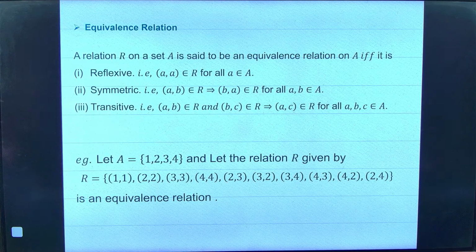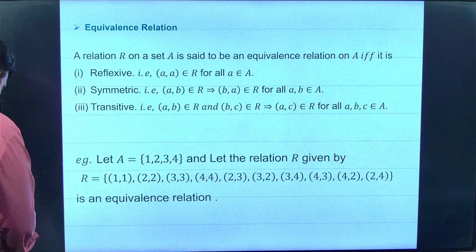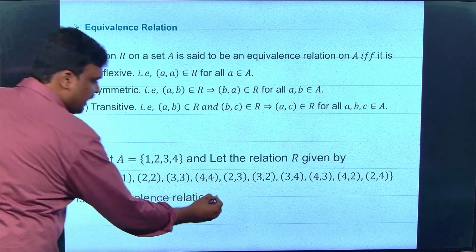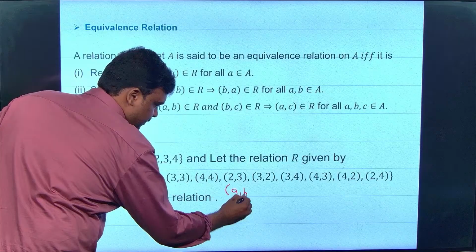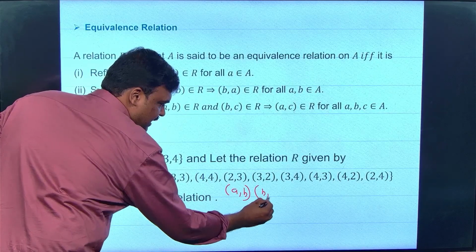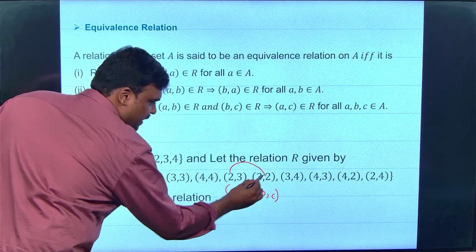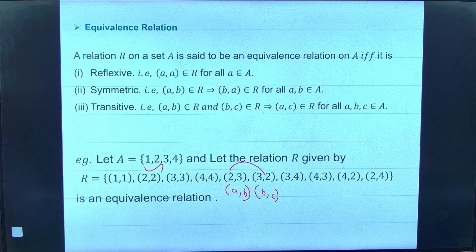Let us go for the third one. Third is what? Transitive. நான் என்ன பண்றேன், transitive தான் கொஞ்சம் ஜாக்கிரதையா பாக்கணும். I have (a,b) here, and here (b,c). So what is (a,c)? It is (2,2), which is already there.